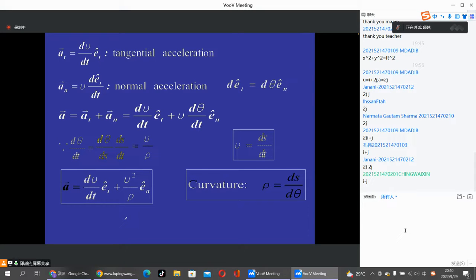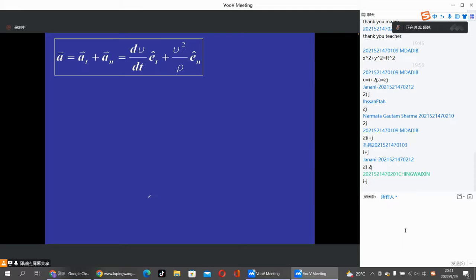And we can rewrite the acceleration like this: dv/dt et plus v squared over rho en. This is very important for you to solve the problems.